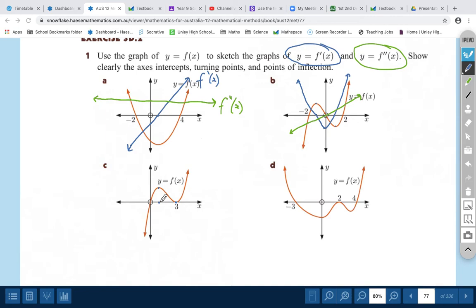So that means first derivative will be 0 at those points. Here we're going uphill, we must have positive. That looks like a point of inflection there, where the gradient will reach its lowest amount. Then we've got downhill, so it's all negative. Then we've got uphill again, so we're going positive from that point on.